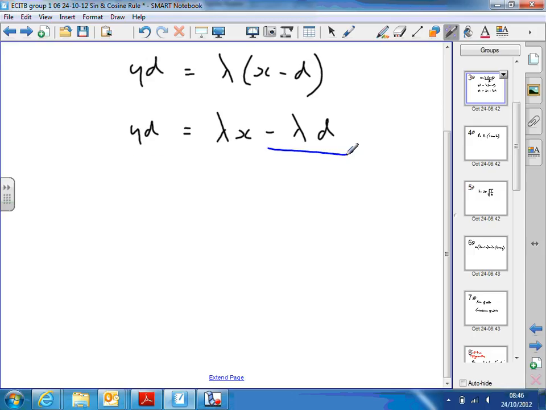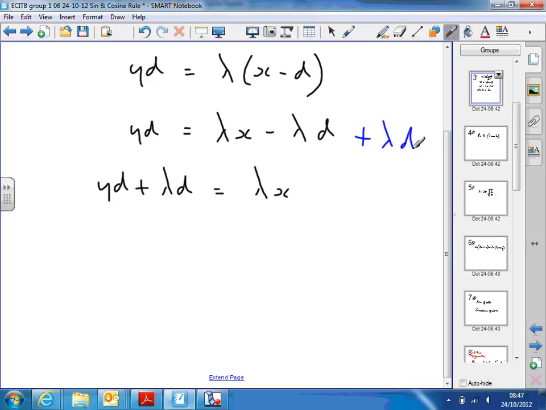So if I add lambda d to both sides, I get yd plus lambda d equals lambda x. I've added lambda d to here and added lambda d to here. That means these cancel, minus lambda d plus lambda d gone. So I end up with that.